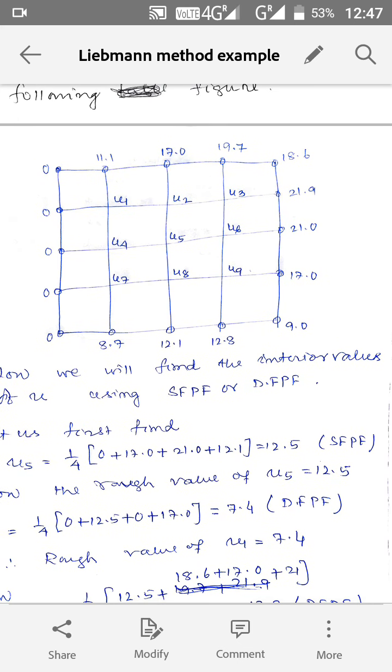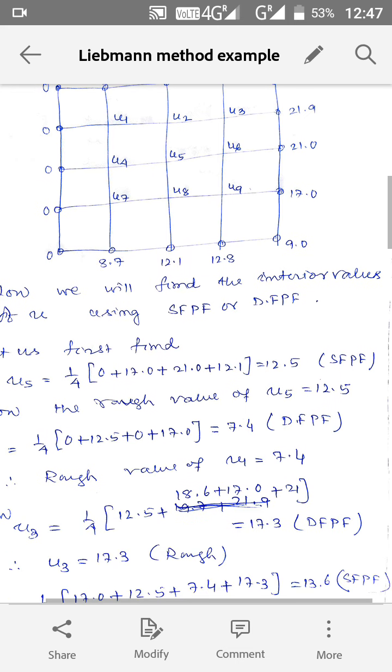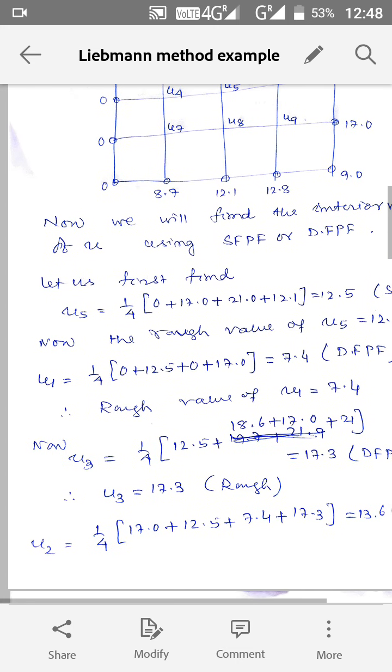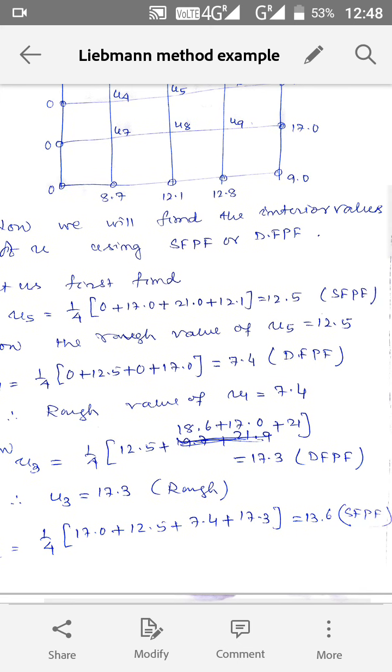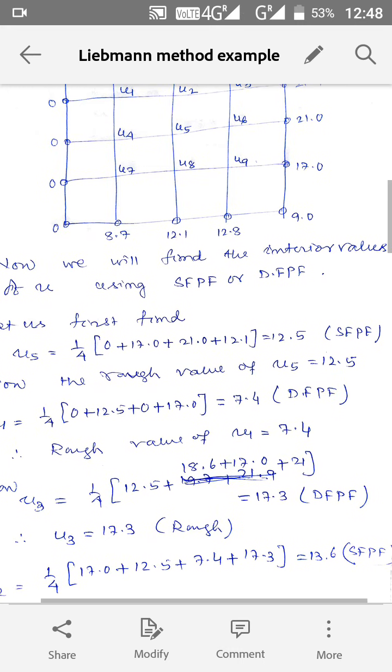By using the standard 5-point formula I cannot get u1, so I can use the diagonal 5-point formula where the diagonal points will be 0, u5, 0, 17.0. So u5 is known. So u1 will be nothing but 1/4 (0 + 12.5 + 0 + 17.0), and that is nothing but 7.4, which is obtained by using the diagonal 5-point formula.